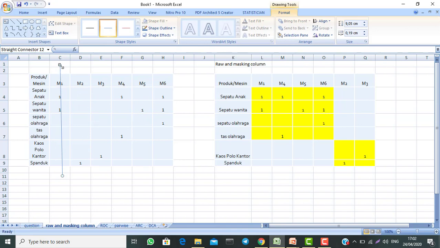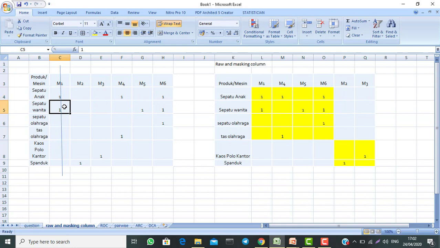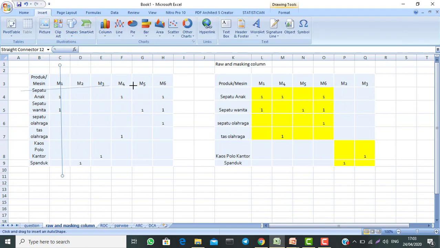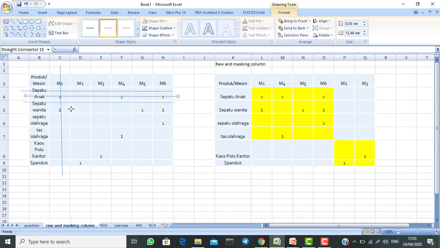Let's create a straight line, and for every box that is already touched by the line, you have to cross it. In this case, there are 2 boxes that are already touched by this line. So just make a cross. Let's create a cross line.